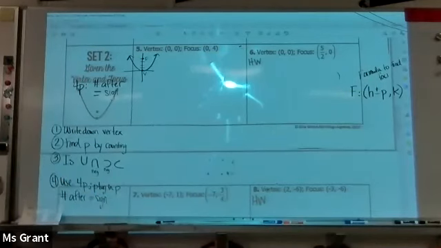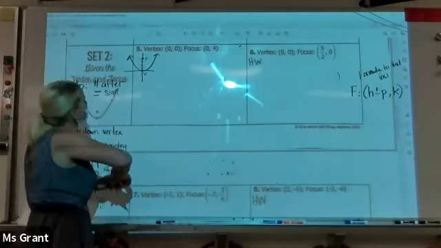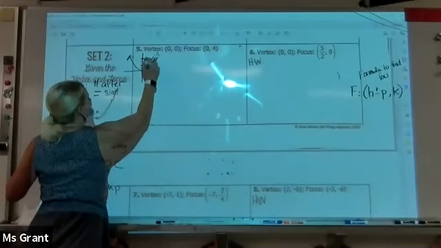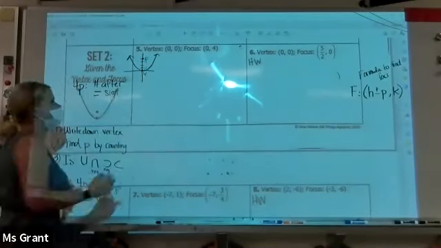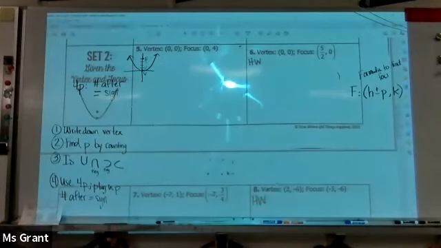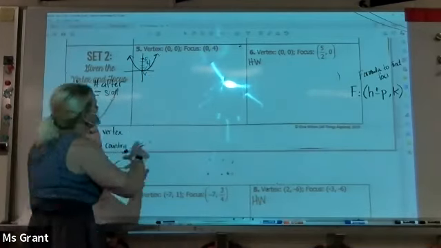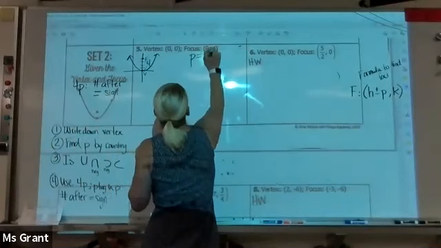I do care about P. How far is it from my vertex to my focus? How many spaces? So, 4 away. That means that my P equals 4.